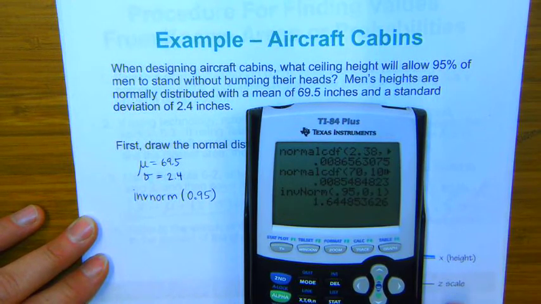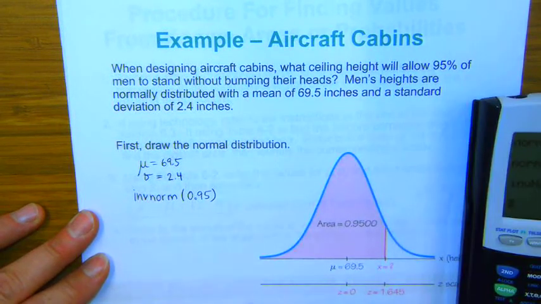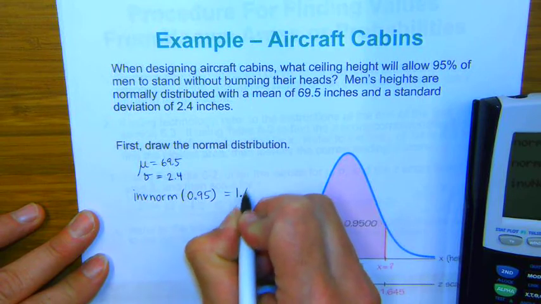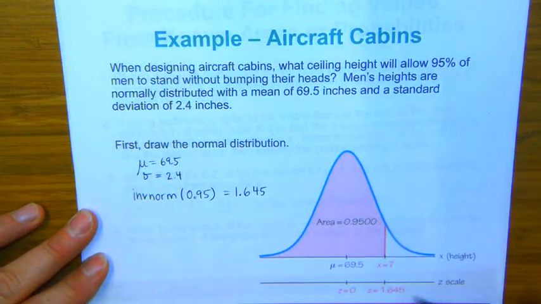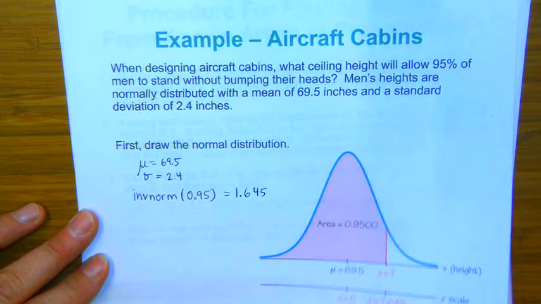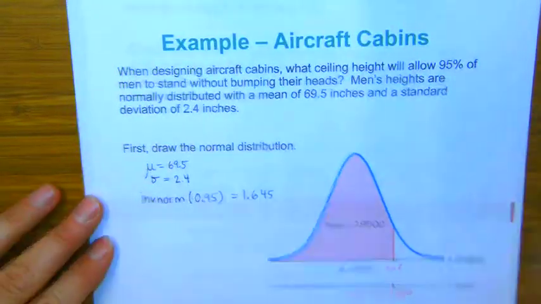This is one of the z-scores that actually uses 3 decimals, so it's 1.645, which is the one that is down here. So a z-score of 1.645 has an area of 0.95 to the left. So we're now going to use this. We're going to plug into our formula from before, right?